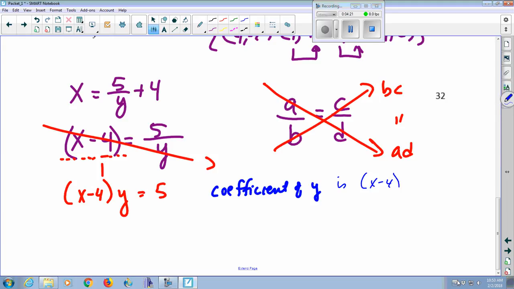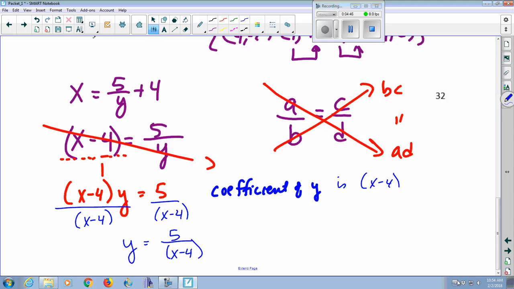A coefficient is any factor that multiplies the variable of interest here, right? So x minus 4, you have x minus 4 y's. So to solve for y, you divide both sides by the coefficient. And now you've taken that equation in terms of x, and you've now solved for it in terms of y.